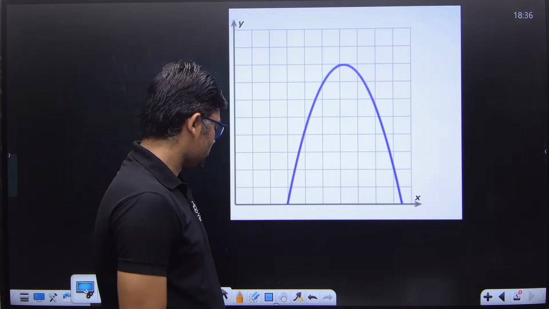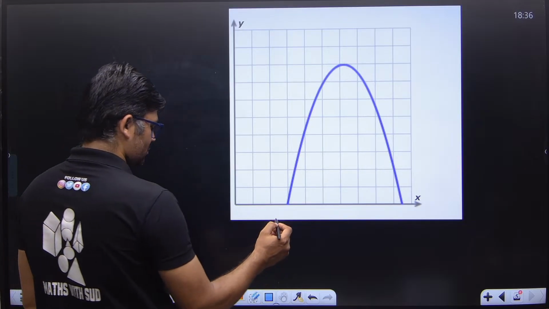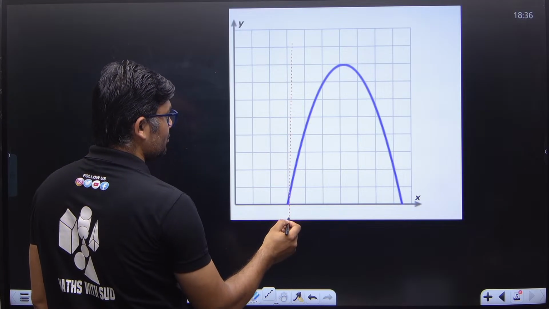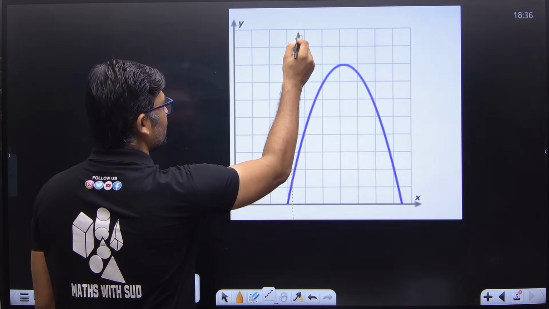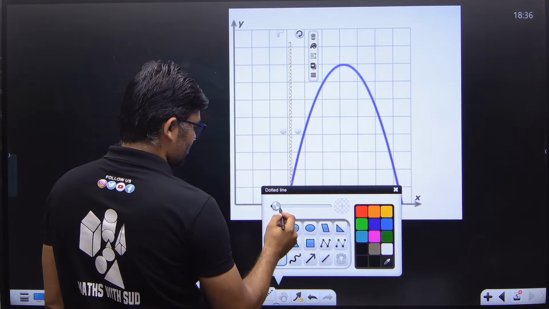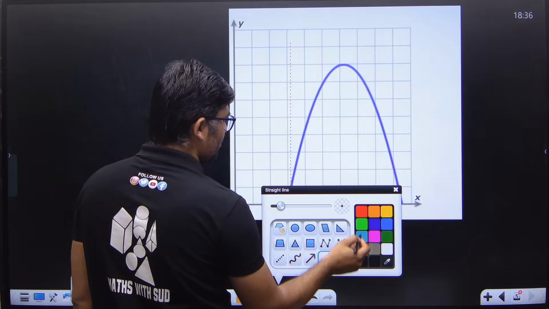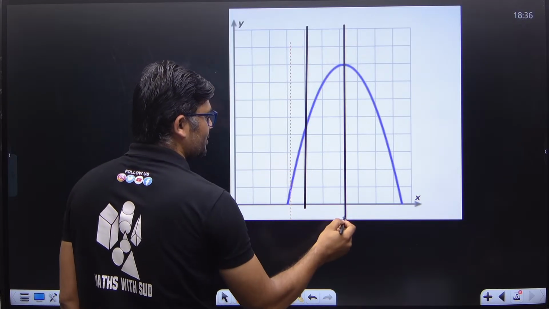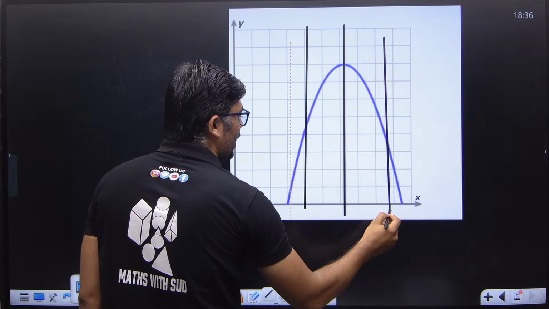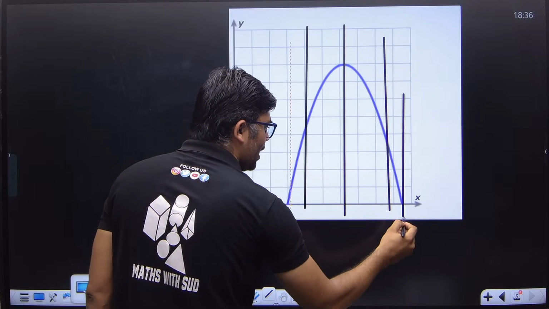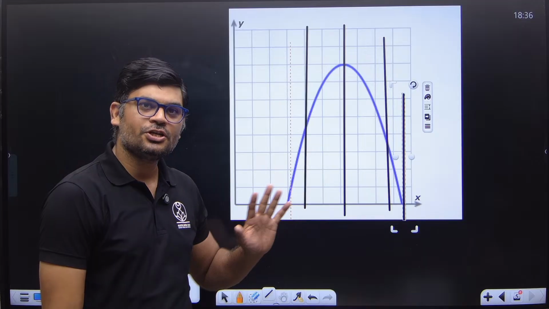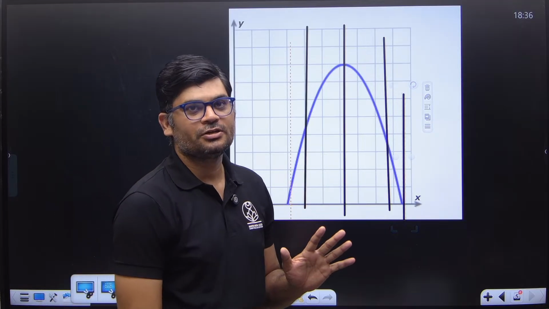Remember the vertical line test that Neeta ma'am taught us. You have to draw a line in your mind like this. If this line touches the graph at 2 points, can you see the point of intersection? You understand what a point of intersection is?